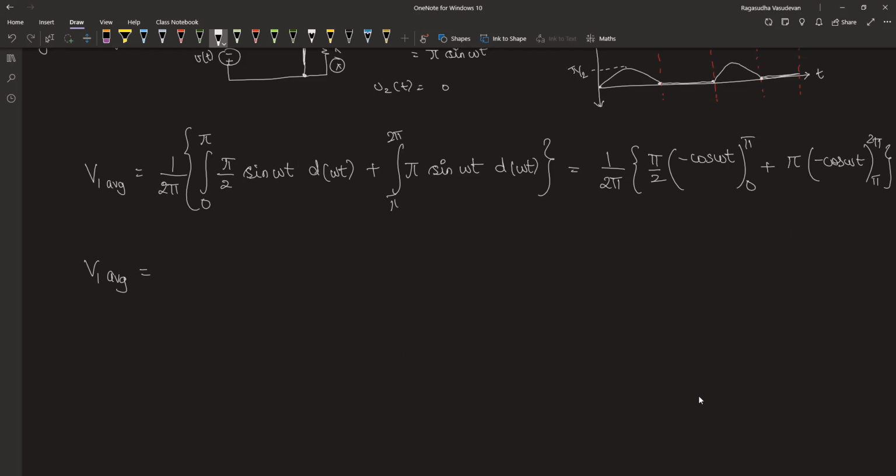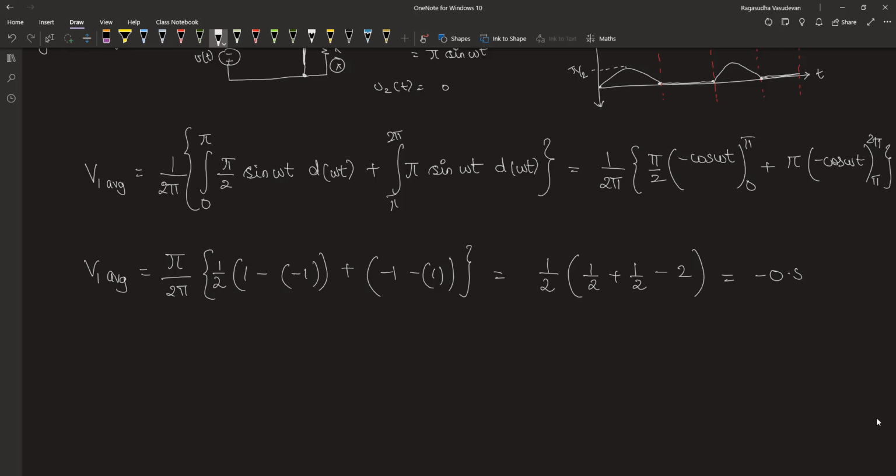So the V1 average will be pi by 2 pi into 1 minus 1 plus minus 1 minus of minus 1. So on cancelling the terms we will be getting 1 by 2 times half plus half minus 2. This is equal to minus 0.5 volt.